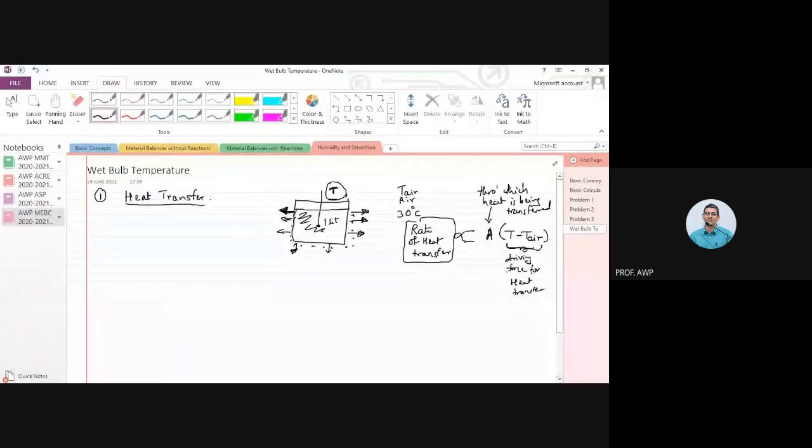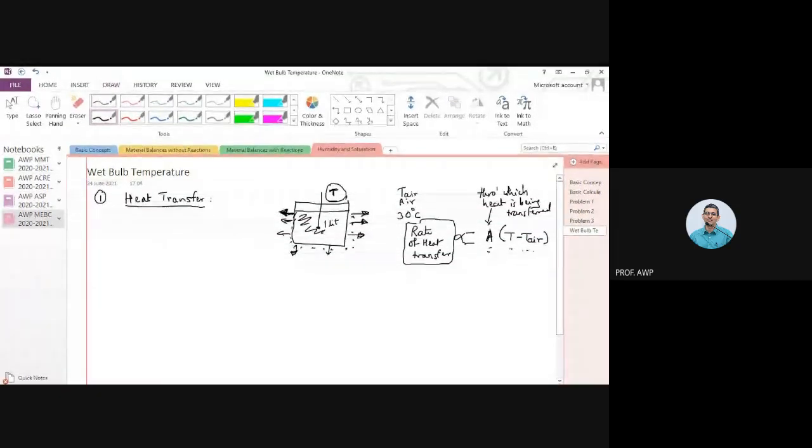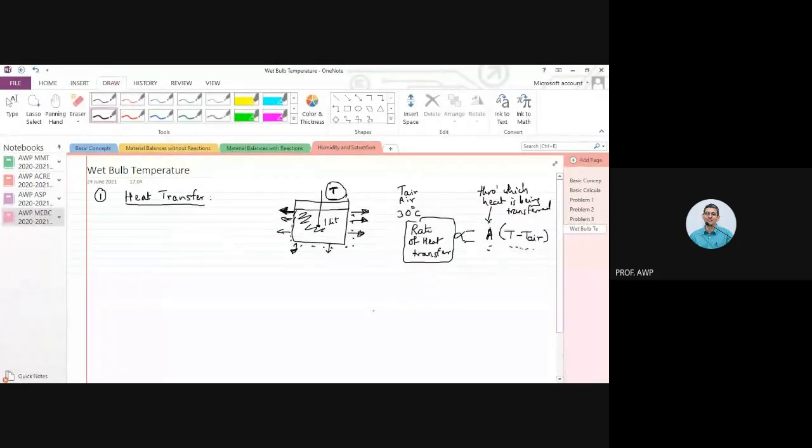Or if you don't want to call it a driving force just now, it's also okay. The rate of heat transfer is proportional to area. It is proportional to the temperature difference, which is responsible for heat being transferred from the beaker. Can we go forward? Is everybody okay with this?